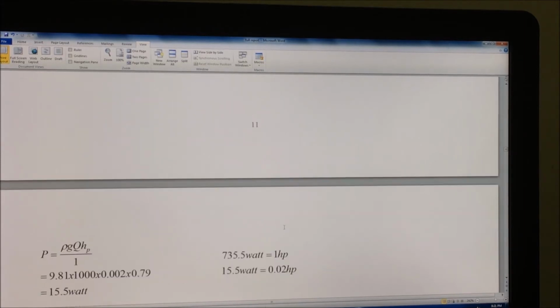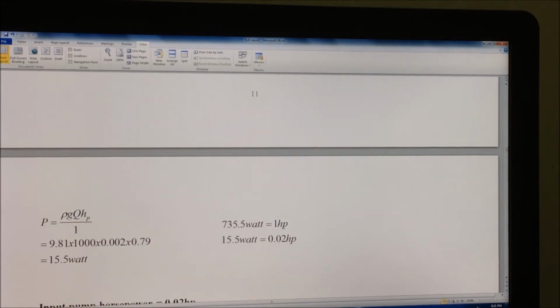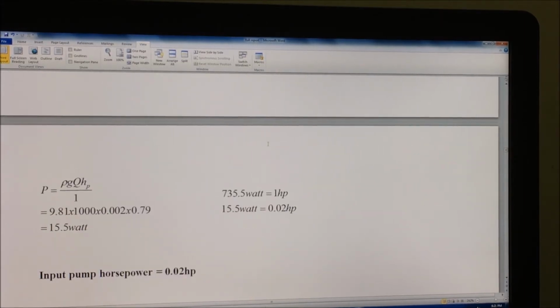After that, we are going to substitute the head pump into the power equation, so we can get the final answer of the power of the pump is 50.5 watt, and we convert the unit of watt into horsepower. So at the end we can get that the input pump horsepower is equal to 0.02 horsepower.